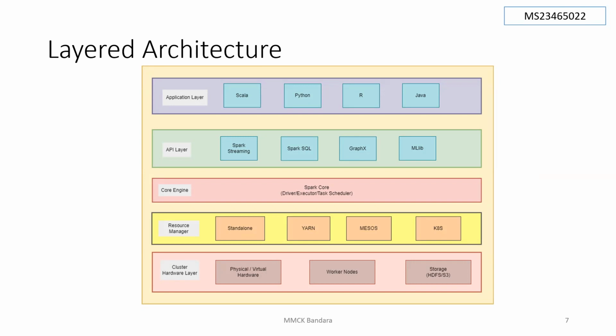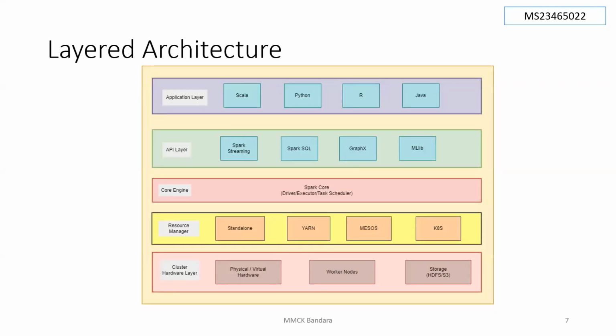Apache Spark is developed with Scala, and it runs on the JVM, the Java Virtual Machine. However, because it separates its internal behavior and internal functionality through APIs, it makes itself highly interoperable.